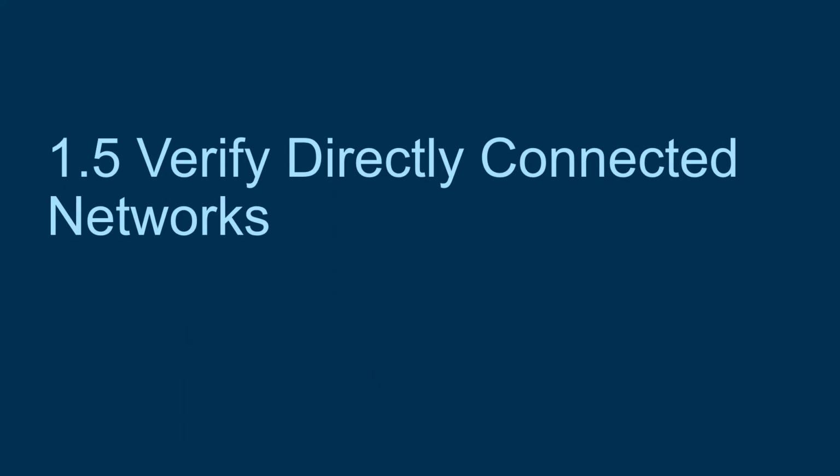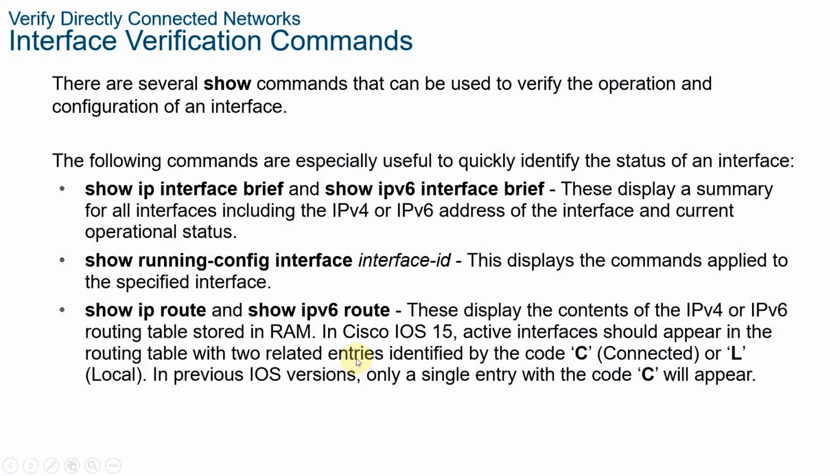In this section, let's talk about verifying directly connected networks. There are several show commands that can be used to verify the operation and configuration of an interface. The topology in the figure is used to demonstrate the verification of router interface settings. The topology presented earlier is a dual stack topology.